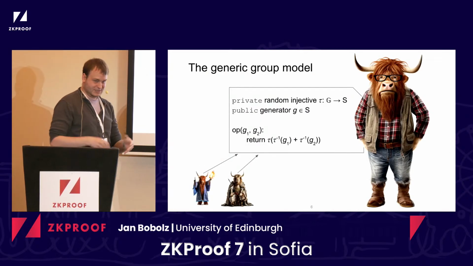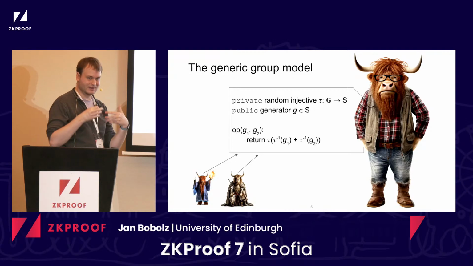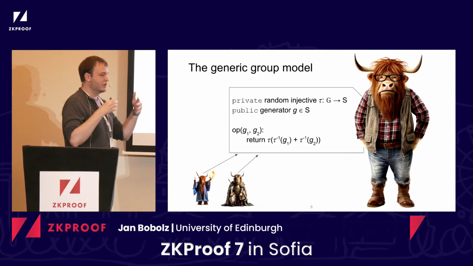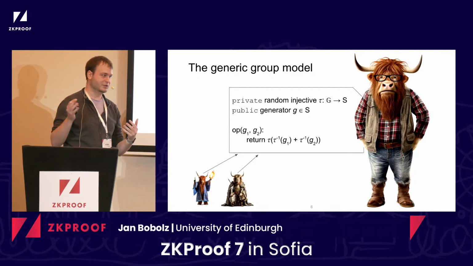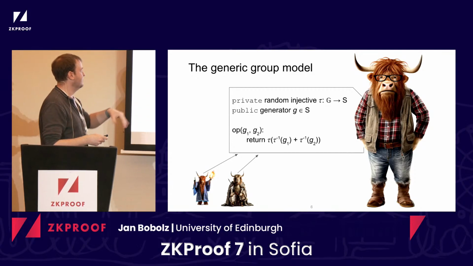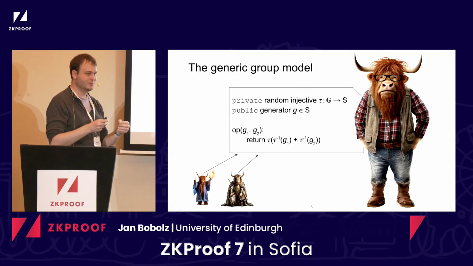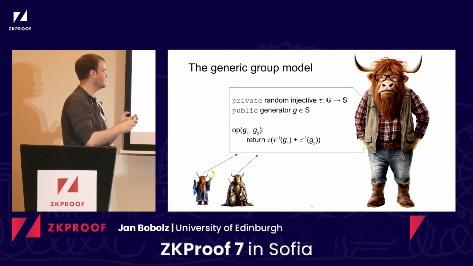Okay, so let's take a look at what this would look like. Basically start with a naive version of this. We can model the generic group as a UC ideal functionality, which is rather simple. Remember this encoding function tau, which would send group elements to some random encoding.